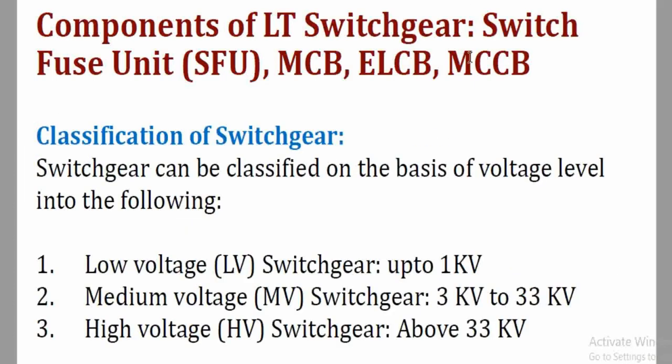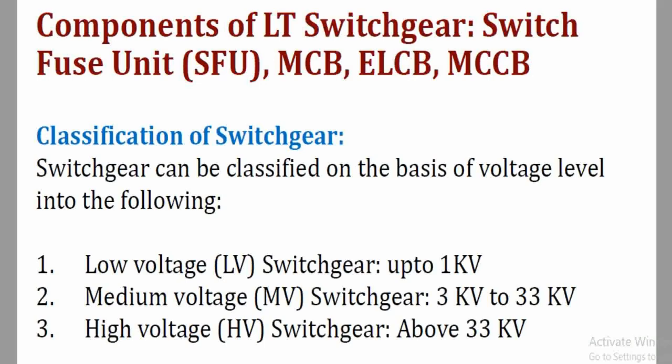Let us see one by one. We need to understand the classification of switchgear based on the voltage level. Switchgear is classified into three types. First is low voltage, LV switchgear, up to 1000 volts. If the operating voltage is below 1000 volts, the switchgear used is called low voltage switchgear.